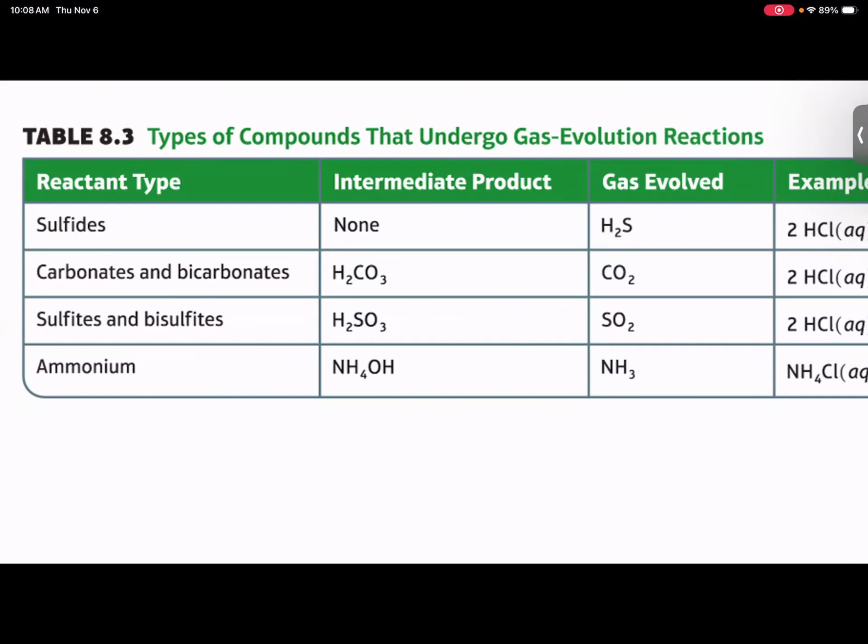If you react a sulfide with an acid, you're going to produce H2S gas, which is deadly in enough quantity. I mean, any gas is deadly in enough quantity, but H2S is nasty. So again, a sulfide with an acid gives you H2S gas.